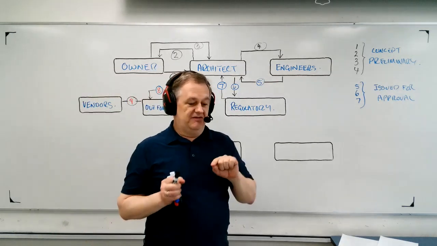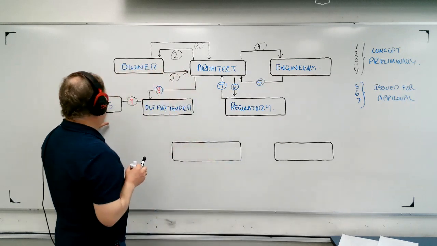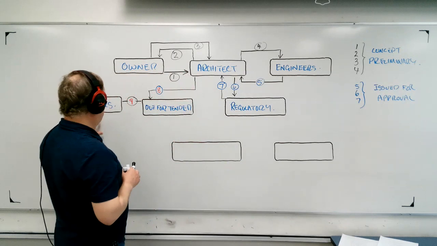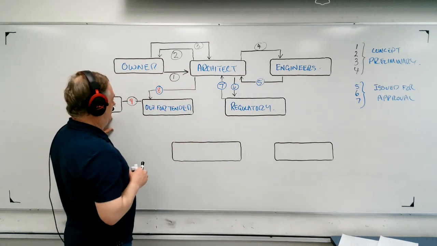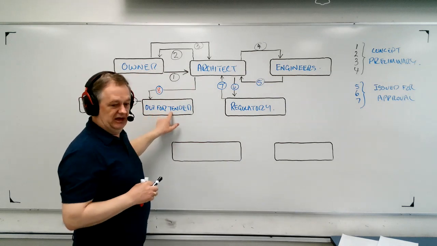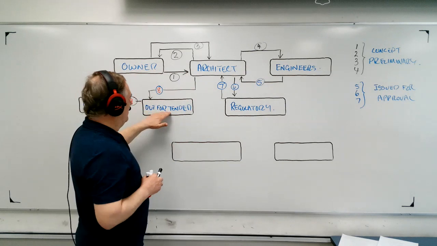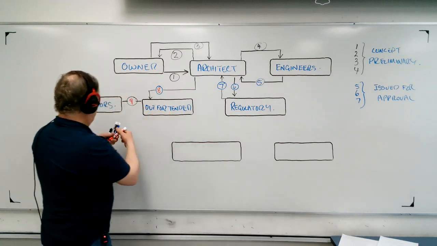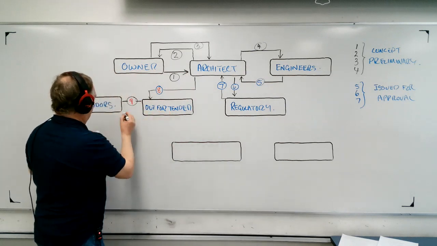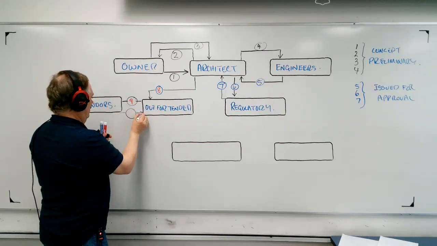And the reason they have to have those very specific drawings is that these guys are saying, if we get the job, we're going to supply this product at this price. And so these guys go, okay, I can deal with that. That's a good price. I think we can get the job at that. So they take those shop drawings. So step number 10 is right here. It's the vendors sending the drawings back here, okay?